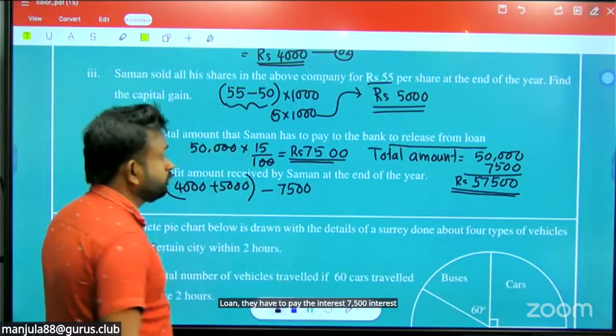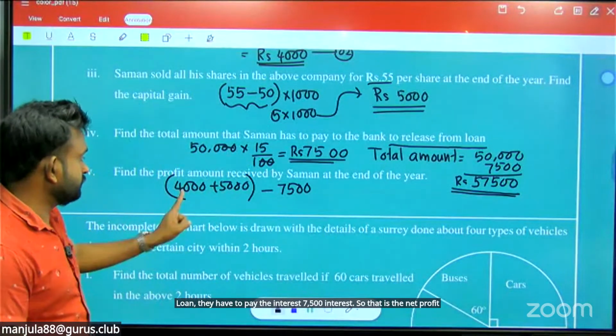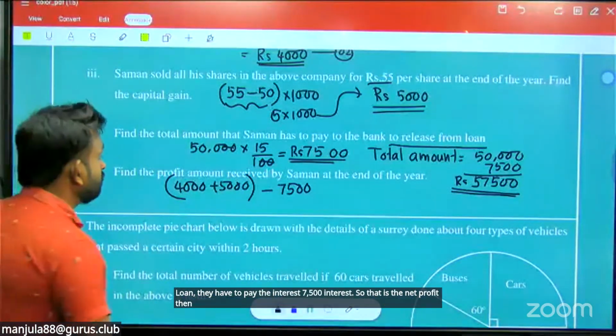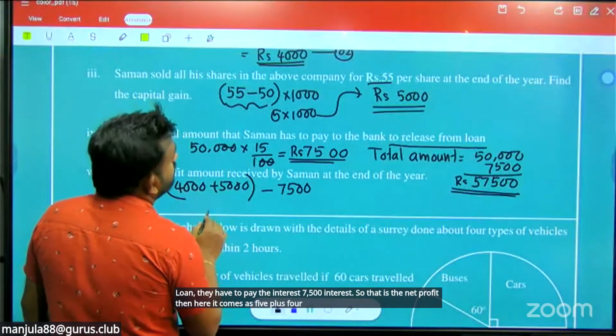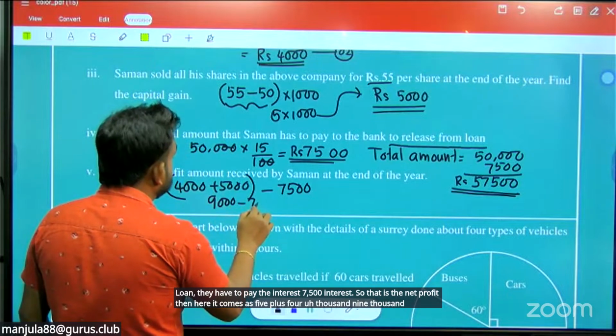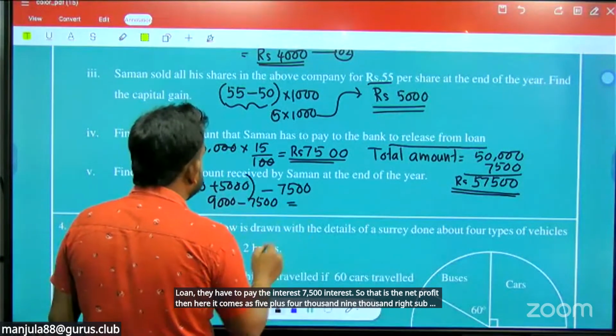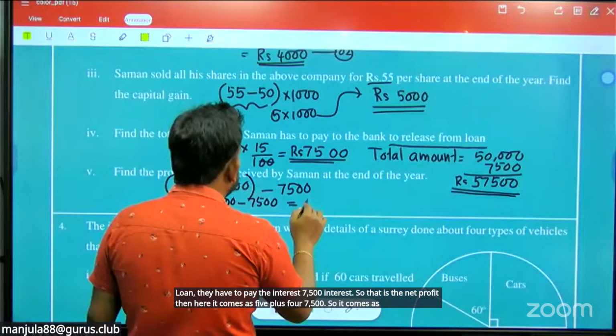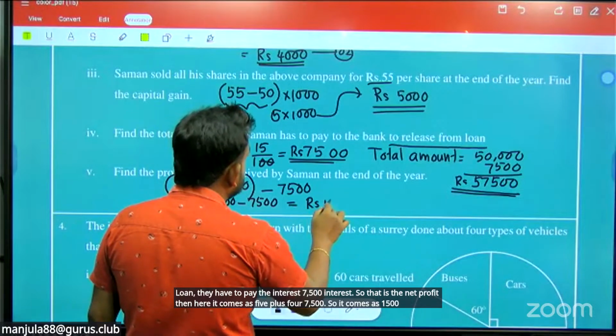So that is the net profit. Then here it comes as 5 plus 4, 9,000, right? Subtract 7,500. So it comes as 1,500 rupees net profit.